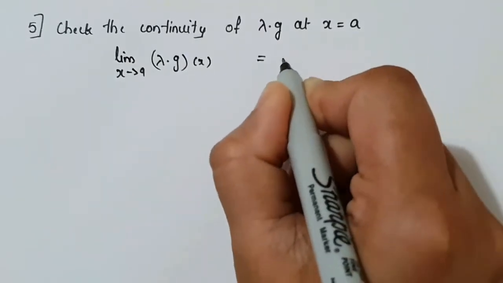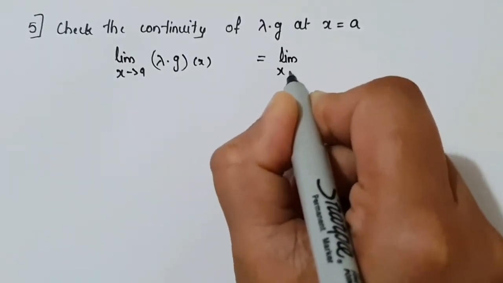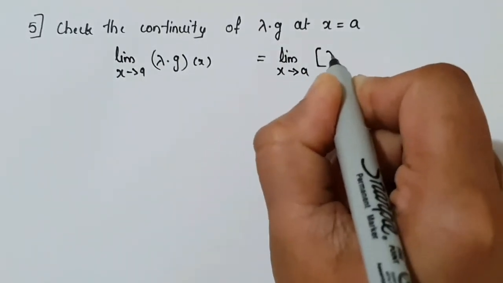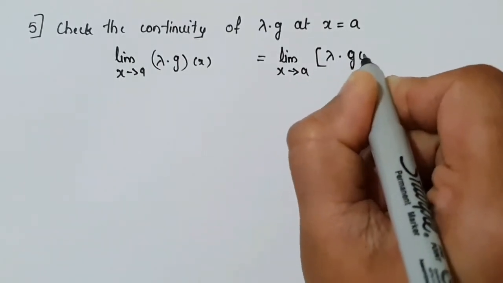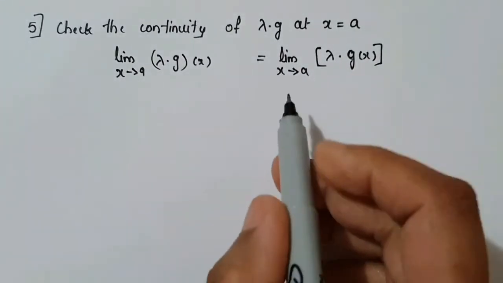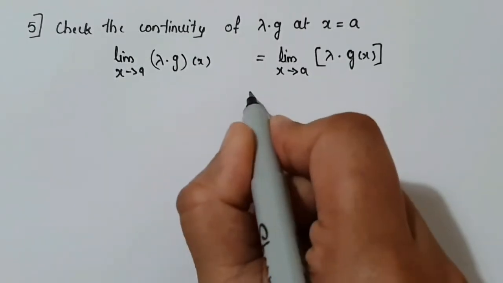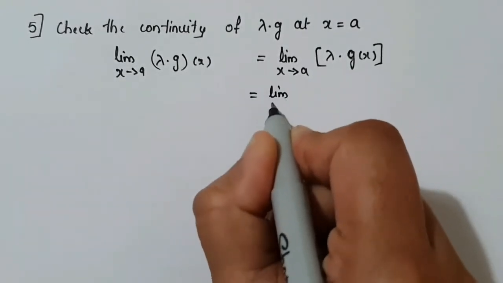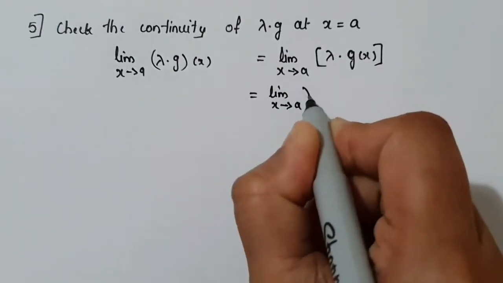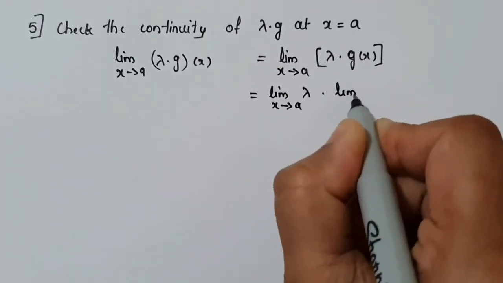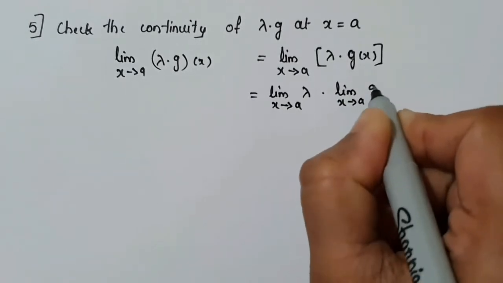This is equal to limit x tends to a lambda dot g of x. When the limit goes inside, this becomes limit x tends to a lambda dot limit x tends to a g of x.